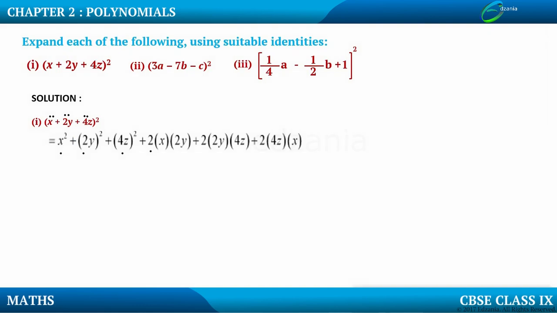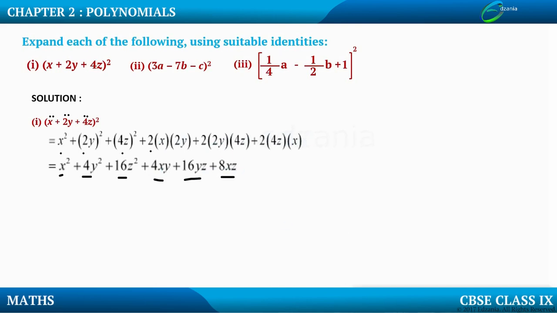So in the next step, we are going to get x square as it is. (2y) square will become 4y square. 4 square is 16, so 16z square. 2 into 2 is 4, 4xy. 2 into 2 into 4 is 16, 16yz, and this is zx, but 8zx.